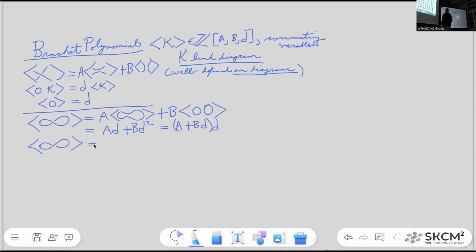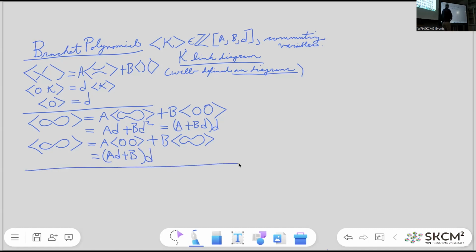Well, then I get A times, and now I'm smoothing it this way, plus D times moving it the other way. And that's equal to AD plus B times D. So those are the simplest examples of calculating this that I could write, other than a single loop.